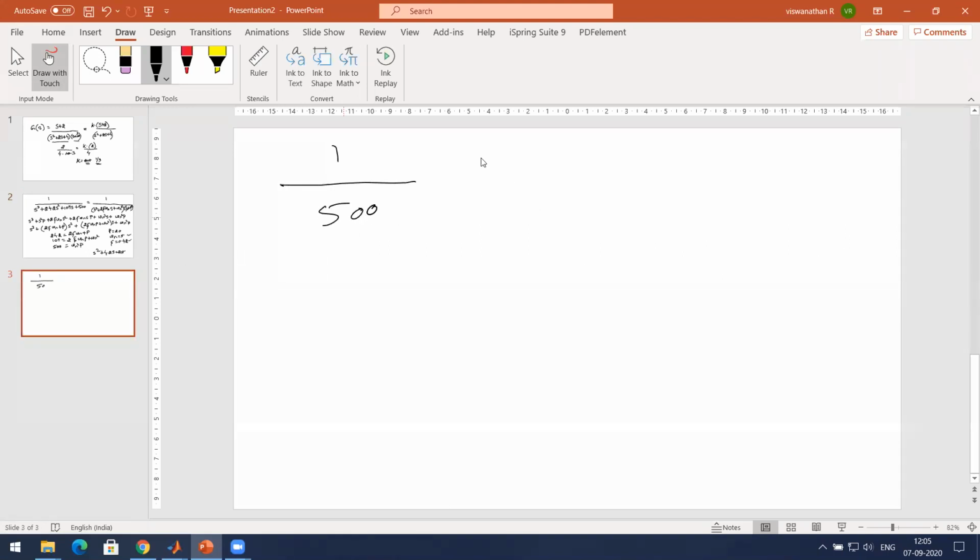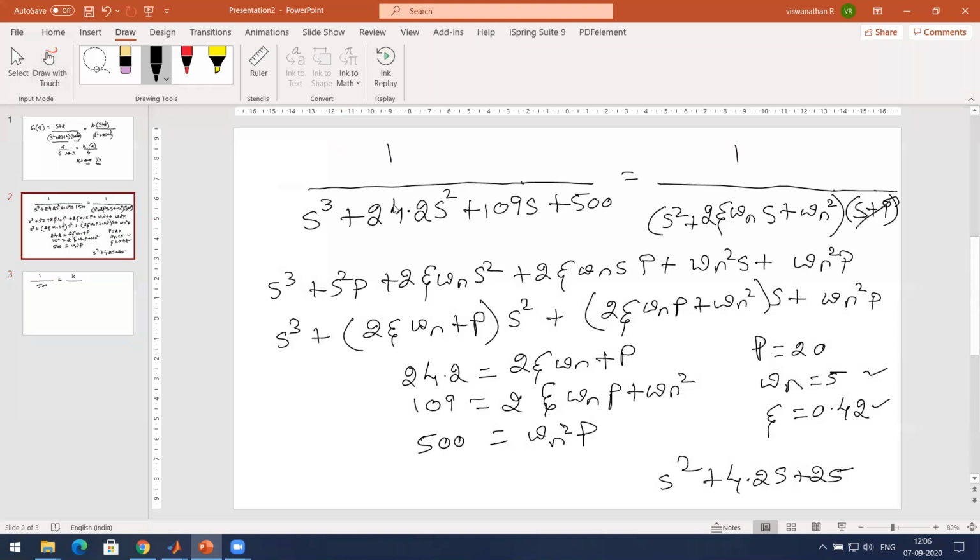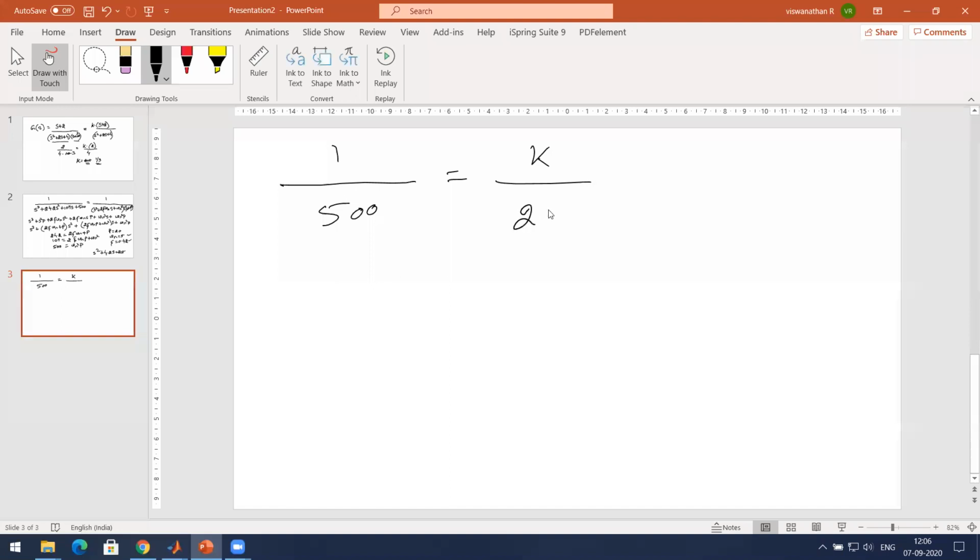Yes, sir. 1 by 500 is equal to k divided by s square plus 4.2s plus 25, which is 25. So what is k equal to? 0.05, sir.